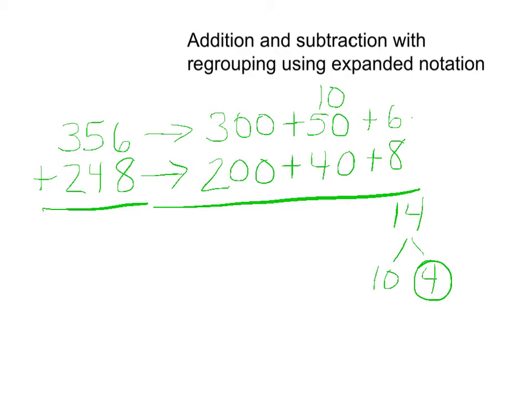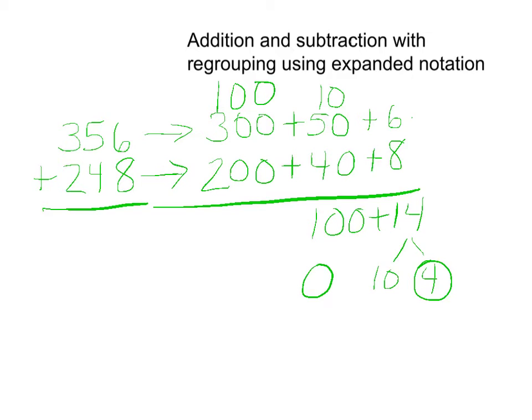When we look at 40 and 50 and we add those together, 40 and 50 is 90, 10 more would be 100. And again, that should be very easy for students to see, oh, 100, we can't have that in the tens place. We need to regroup. We regroup the 100 into the hundreds place, which means that we have 0 tens.